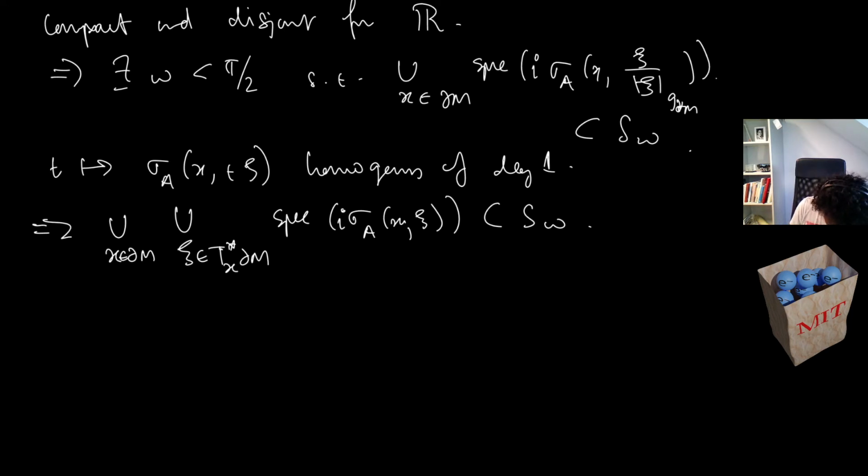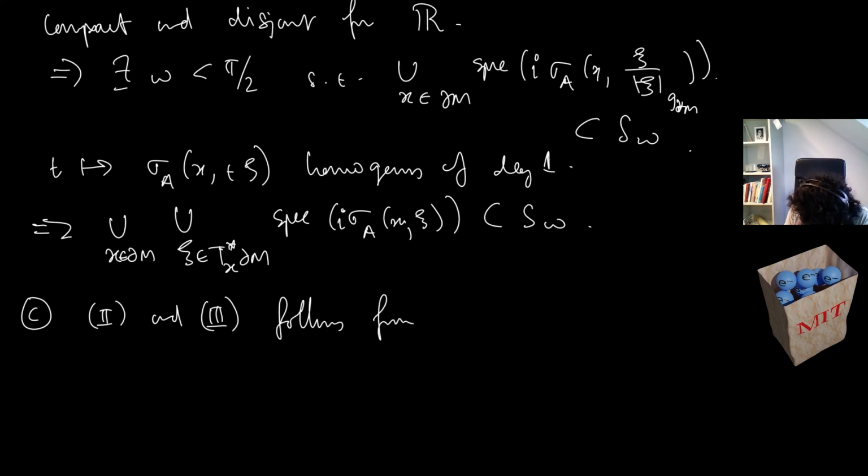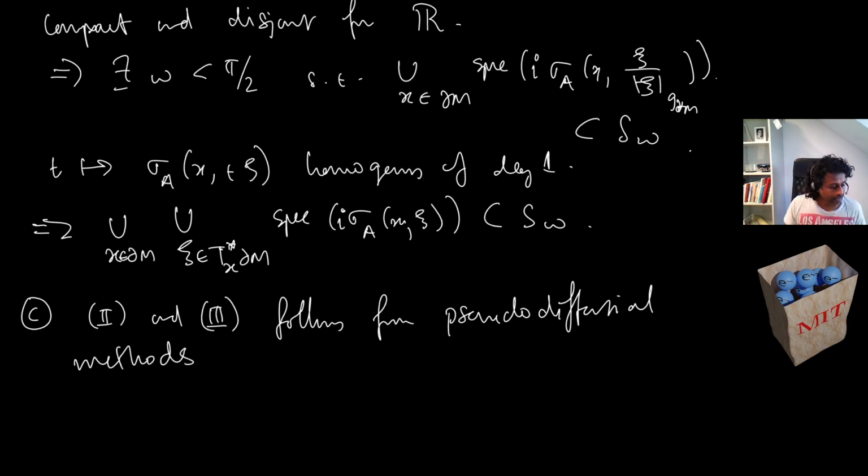So from this, I want to assert that 2 and 3, I won't prove this, but this follows from pseudo-differential methods. It's going to be beyond the scope of our course to really consider these things. And this is in the book of Shubin, S-H-U-B-I-N. Okay?